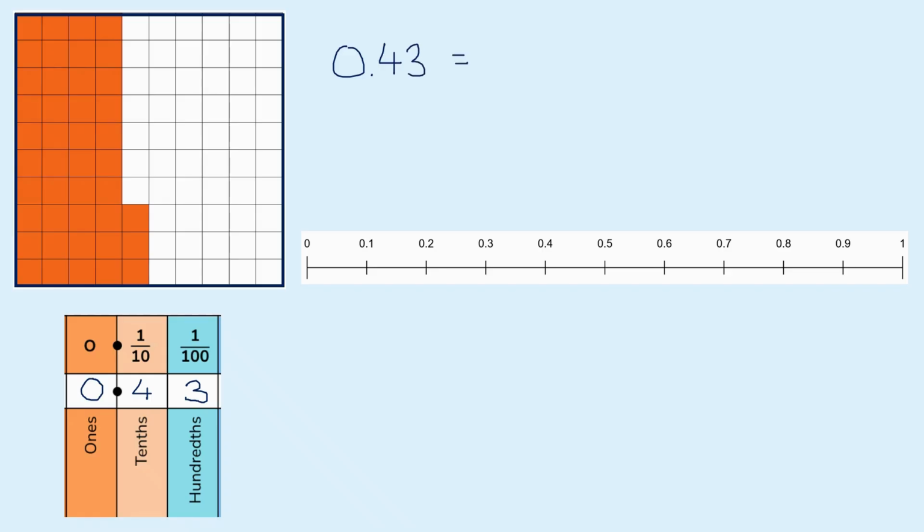If we wanted to write it as a fraction, we could say we've got 43 of the small squares shaded out of 100, which means as a percentage, I would write that as 43%. And on my number line, that decimal is between 4/10 and 5/10. So it would be around here, if I just put an arrow there, 0.43, between 4 and 5/10, but closer to 4/10.